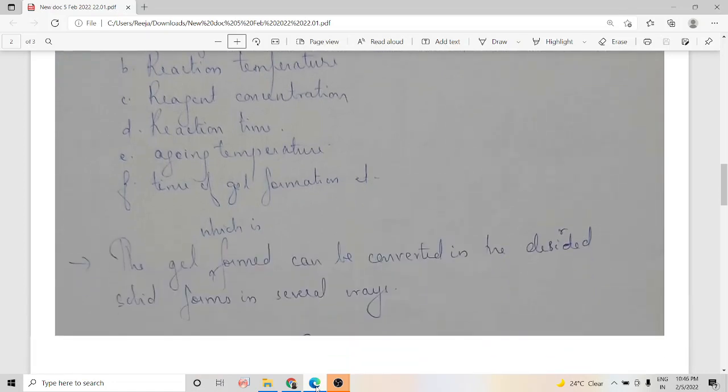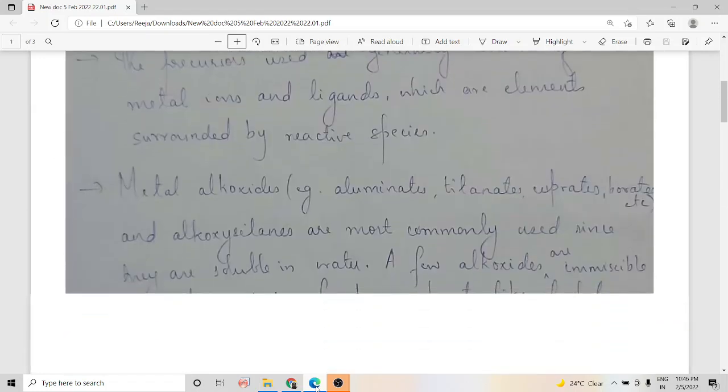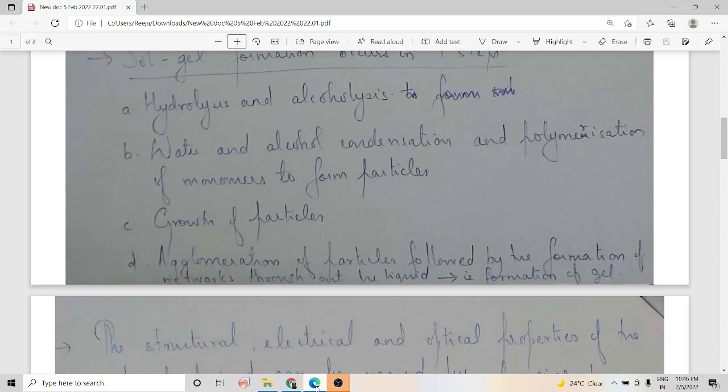Now the gel which is formed by those four steps: first is hydrolysis and alcoholysis, and then water and alcohol condensation and polymerization of monomers to form particles, the growth of these particles, agglomeration of these particles followed by the formation of the network. I told you a network is formed in this gel during the gelation process.